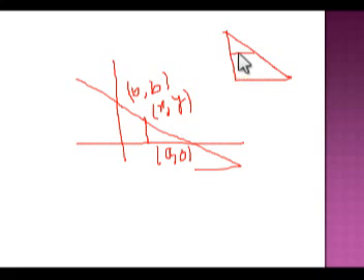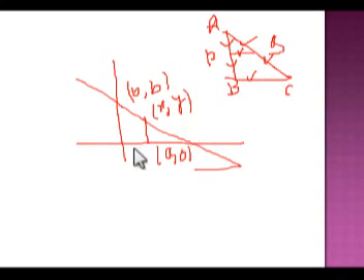Two are perpendicular, both are perpendicular. The ratio of two sides is equal to the ratio of these two perpendiculars. We will take A, B, C, P, Q, then AP by AB is equal to PQ by BC.